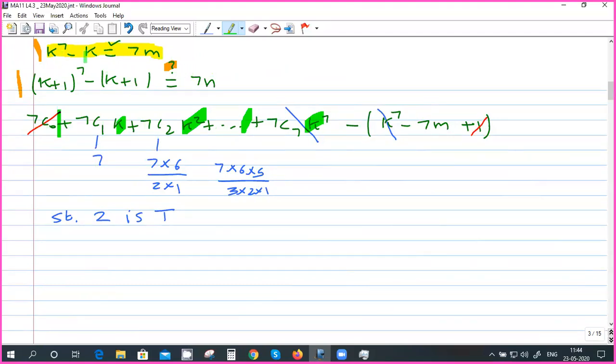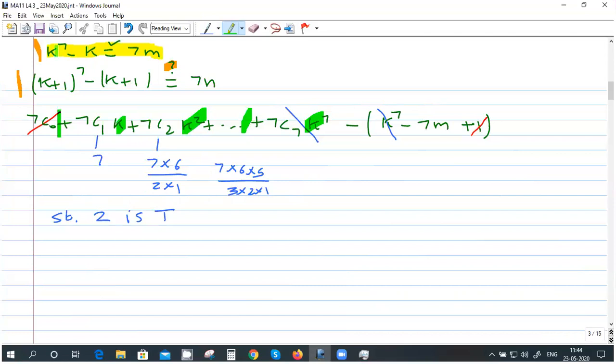So this I can write as k raised to the power 7 minus 7m. This is k plus 1. And the coefficients are 7C0, 7C1 like that. Right now just accept it, we'll learn it later. 7C0 is 1, so this will cancel with 1 here.